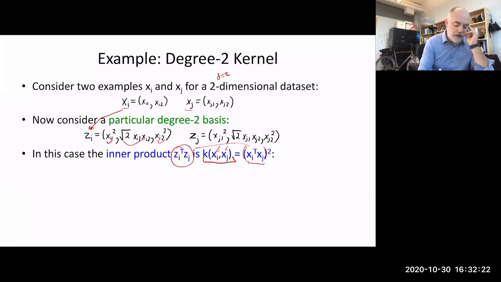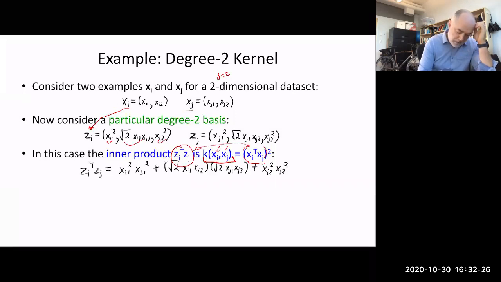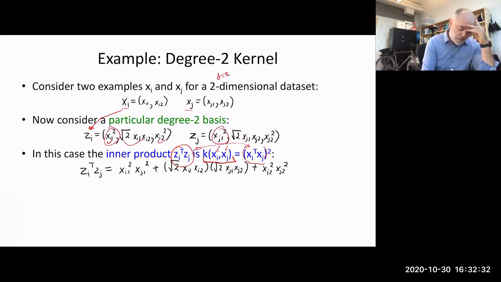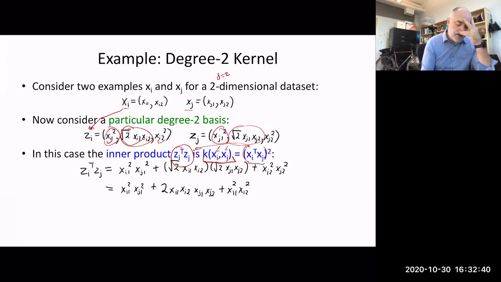So these two values are the same. We can do this by expanding out zi transpose zj, multiplying this by this, so we're just taking the dot product. Simplify it a little bit, get rid of the root 2, and multiply through the root 2s.